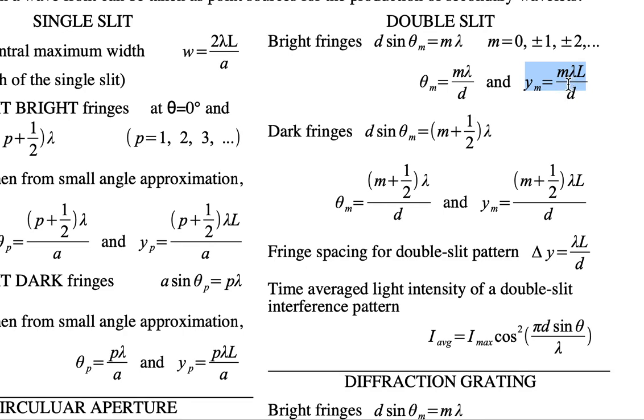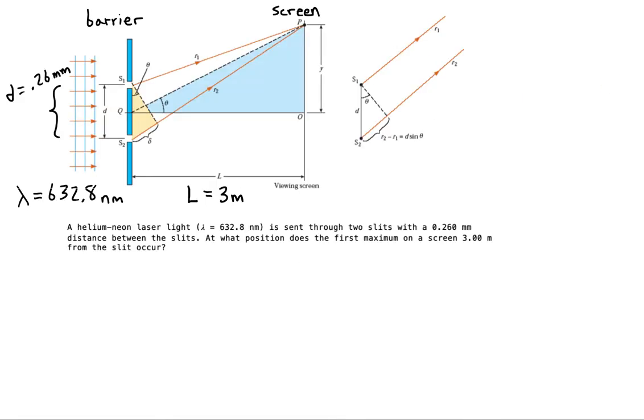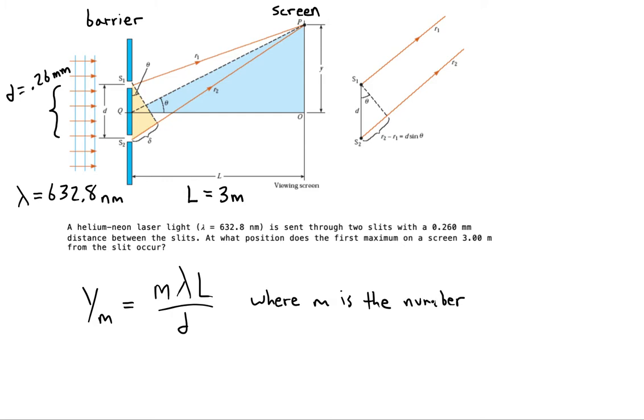And it involves lambda, L, and D. All right, so we'll have Y_m equals m lambda L over D, where m is the number of the fringe, which is an integer.